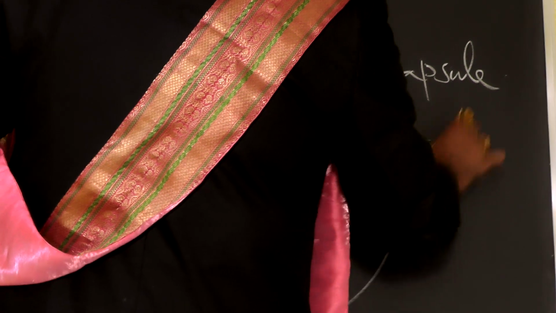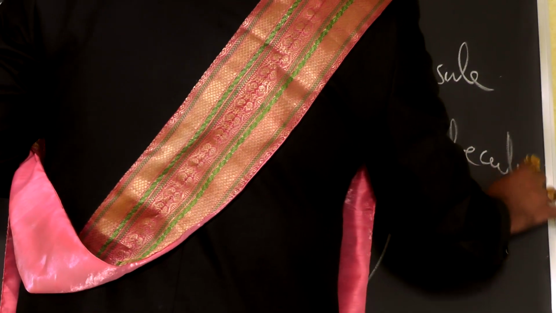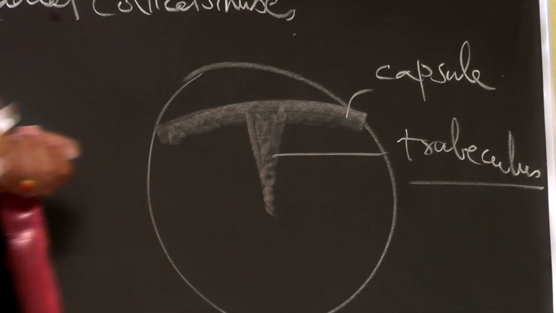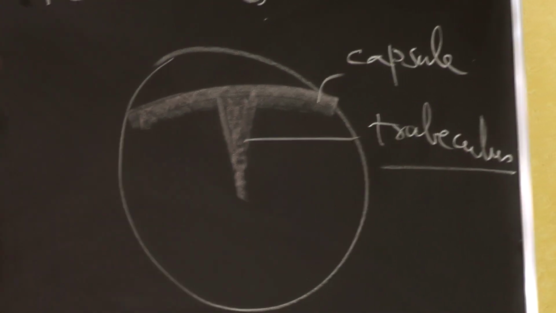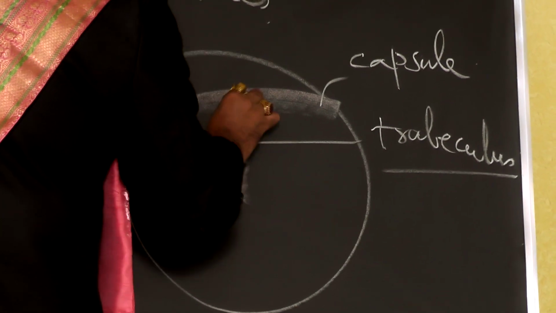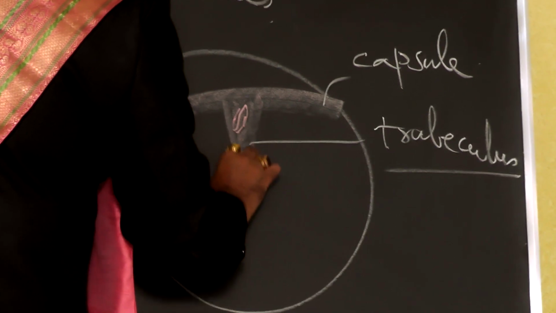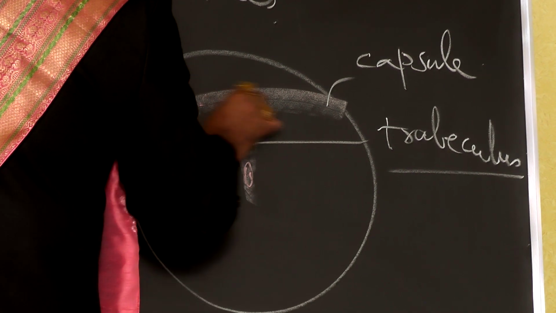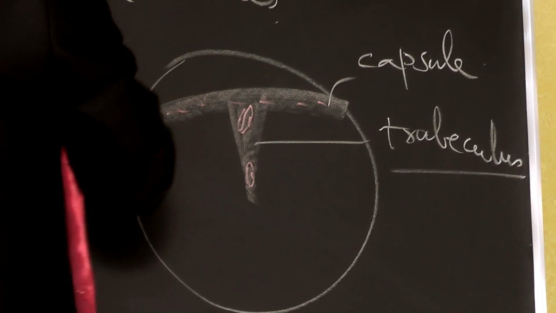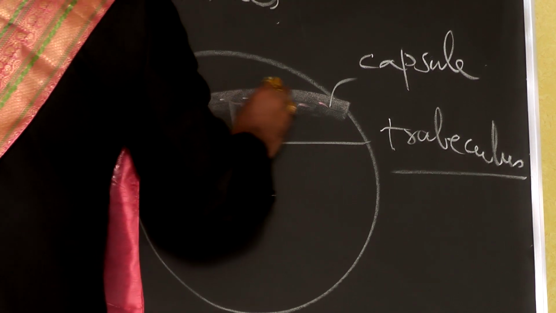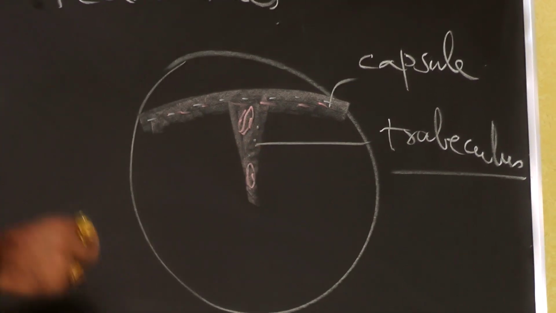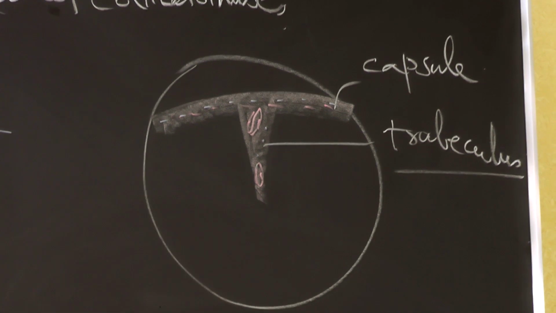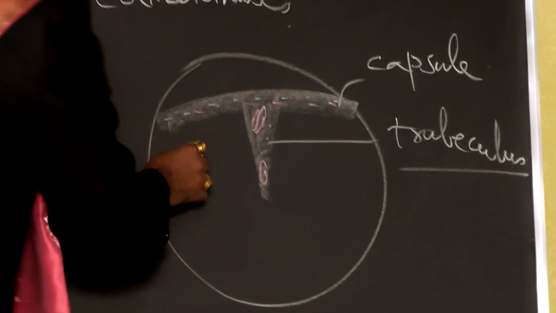Trabeculae is plural, trabeculus is singular. Through this we have the blood vessels which are entering. Here you get the collagen fibers and the reticular fibers in the capsule of the lymph node, and here you will get the cortex.